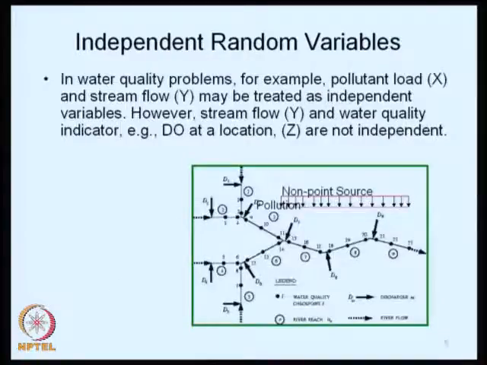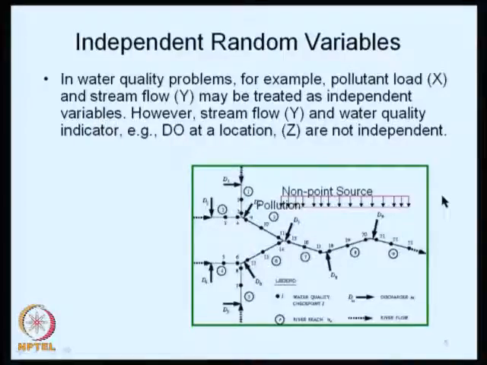You take another example, where in lecture number 1 we introduced this problem, where we are interested in the water quality of a stream, which is primarily governed by the stream flows and the effluent load, that is the pollutant load that comes at various locations.